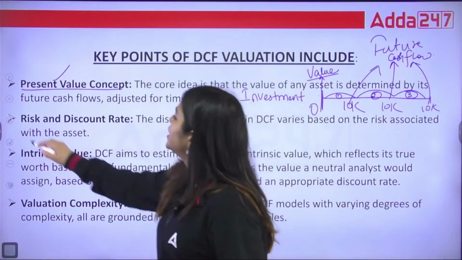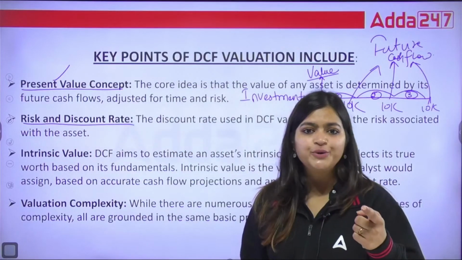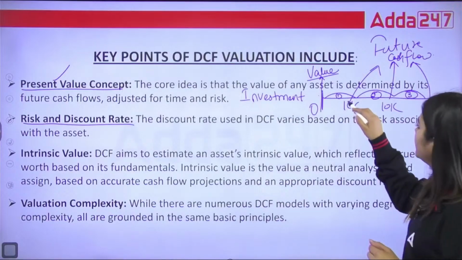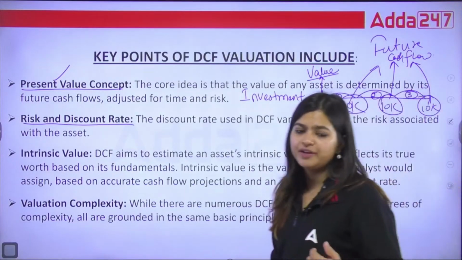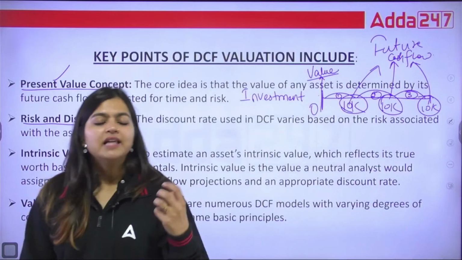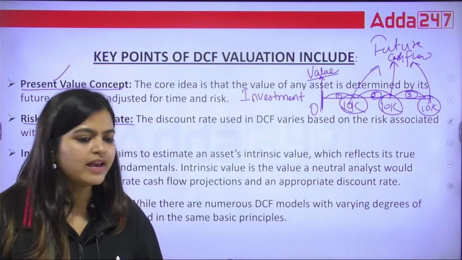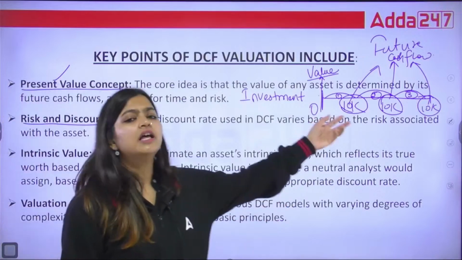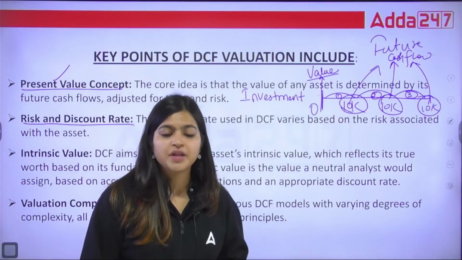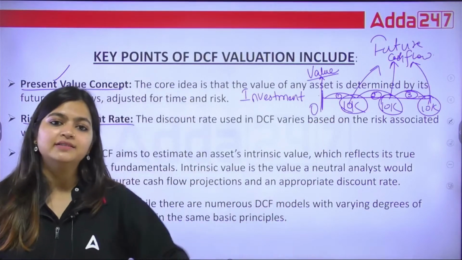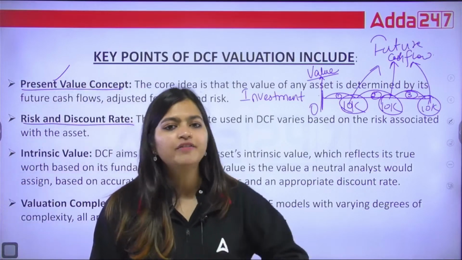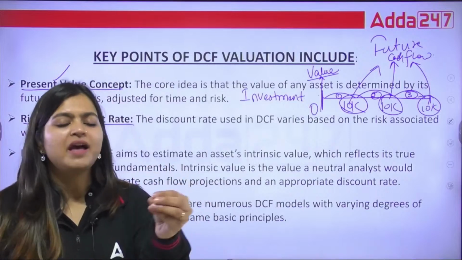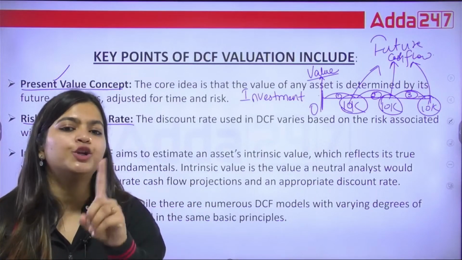Next is your risk and discount rate. As I told you, whatever you are receiving during the future time period is not the true value. Generally, as a layman, we directly say 30,000 is our return. But after knowing the inflation's risk return, now we understood that in layman language, 30,000 is not a true value.